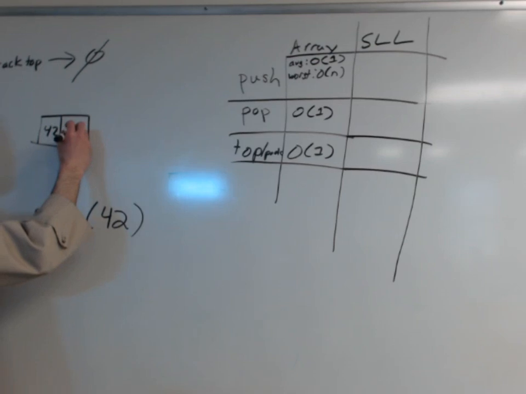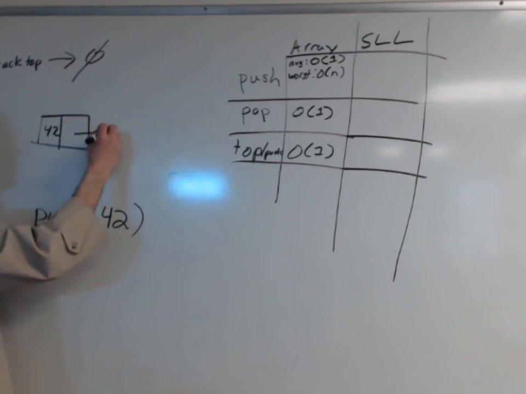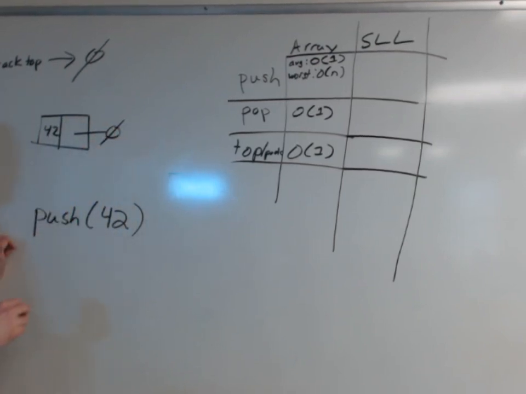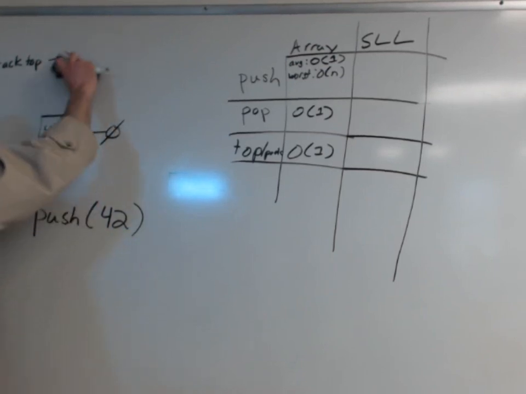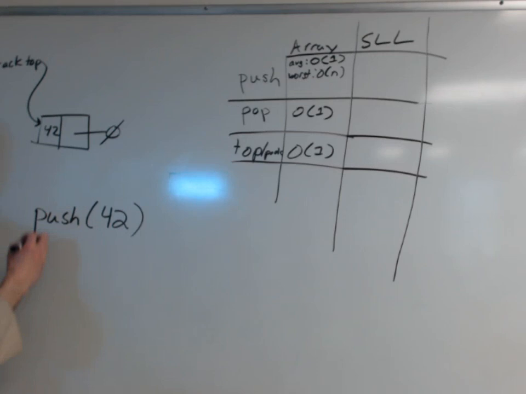Obviously, we'll have the value 42, and where should it point initially? Null. Okay, great. Now what do we do? Okay, so the head now needs to point to it. Okay? All right.